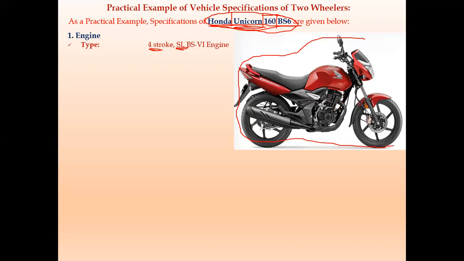As it is spark ignition, we use petrol. Then it is a BS6 engine. That is, BS is the norm of pollution. Currently, we have the BS6 norm in India. So this is the type of engine. Next, we'll see the displacement capacity, or engine capacity.